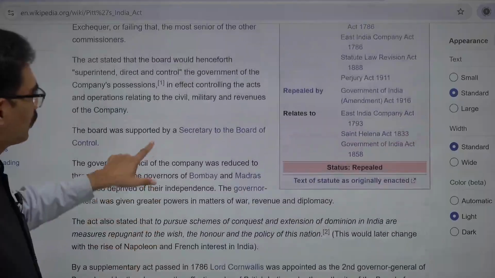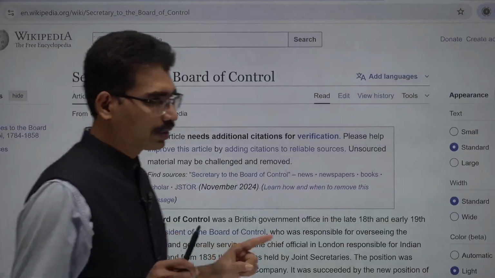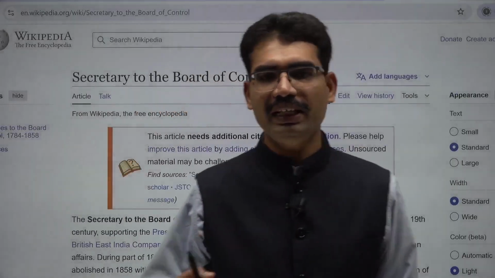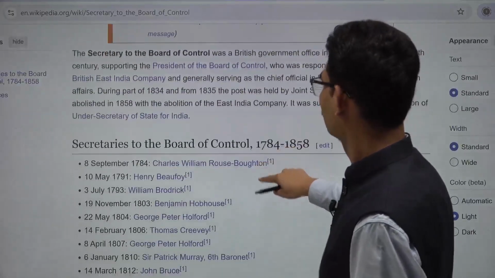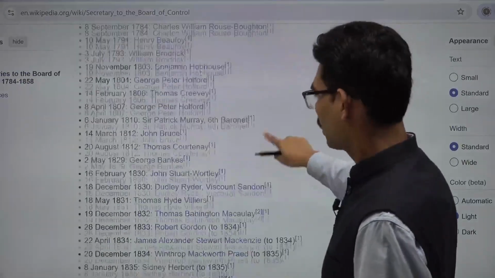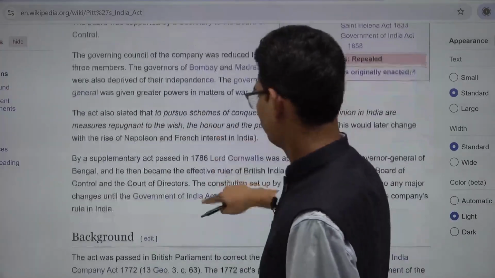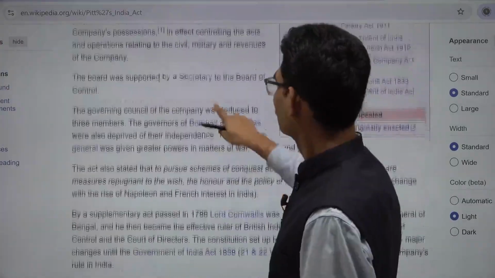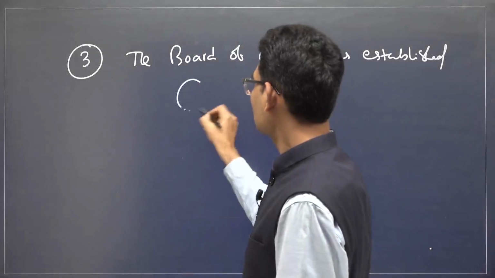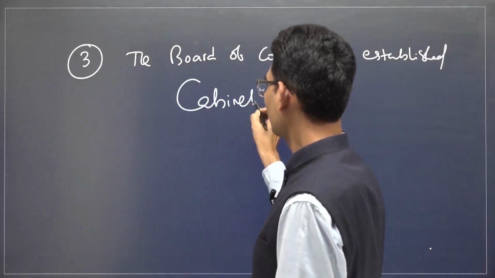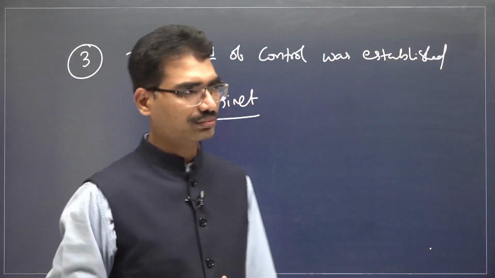The Board of Control contains one member directly from the cabinet. These are different people who presided over the Board of Control. All right. So this Board of Control contains members from the cabinet, one member from the cabinet, and some other members nominated by the crown.